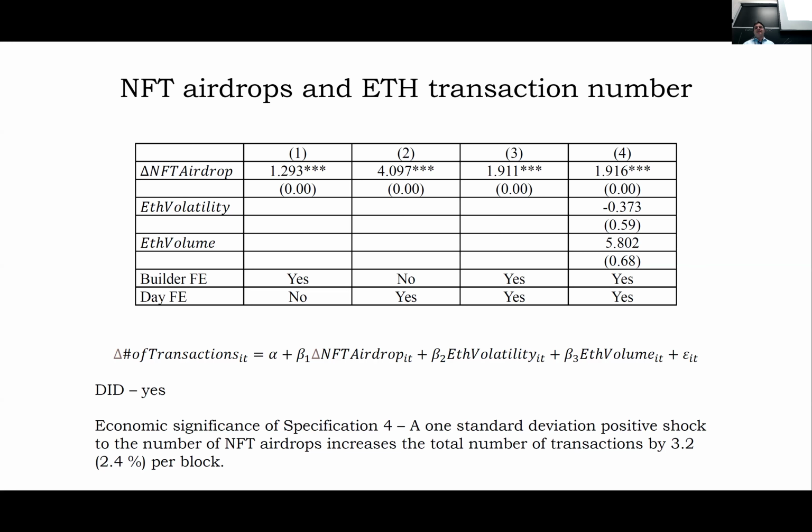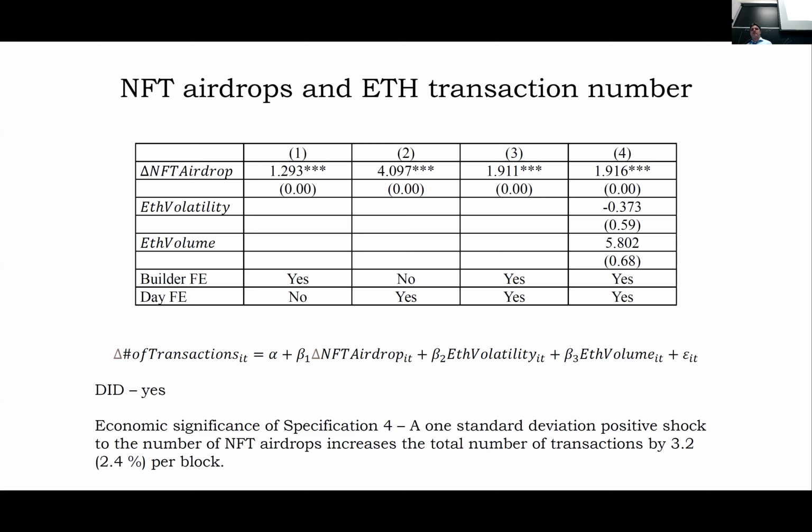And you see delta NFT airdrop is the difference between the number of airdrops picked by builder i in Ethereum minus the number of airdrops picked by the corresponding builder on Polygon. Because again, we want to control.